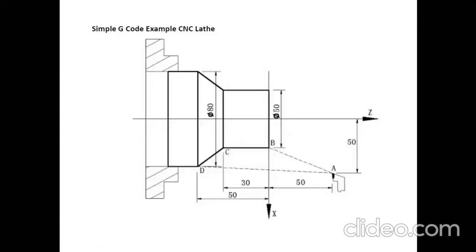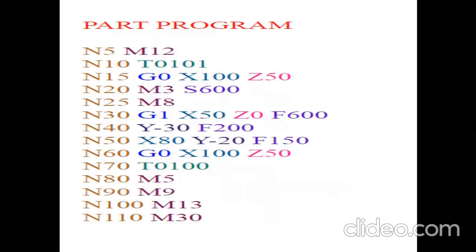Now your tool is at point C. From point C, your tool moves to point D, which is written in the next line: X80, Z minus 20, and the feed rate is 150 mm per minute. F stands for feed rate, and 150 mm per minute is its value. How X80 and Z minus 20 come about, we'll see in the figure.